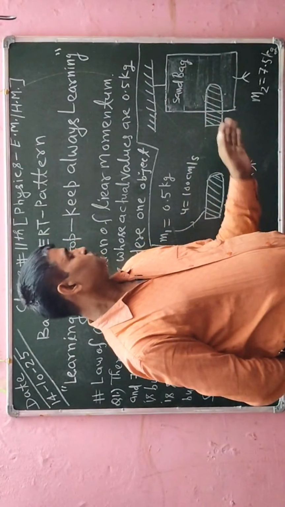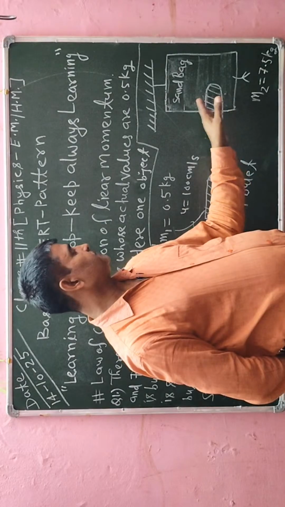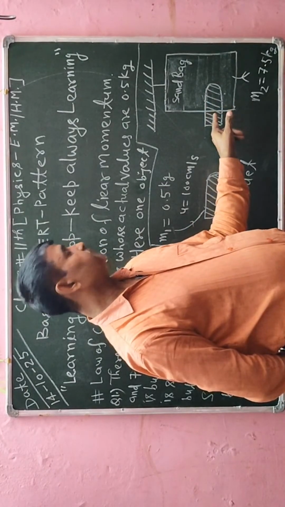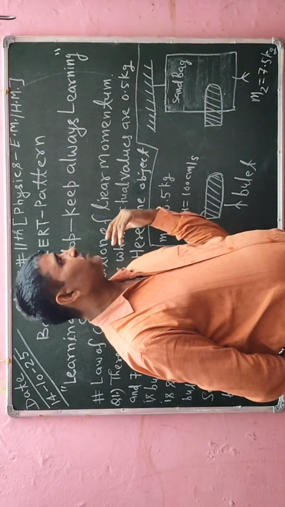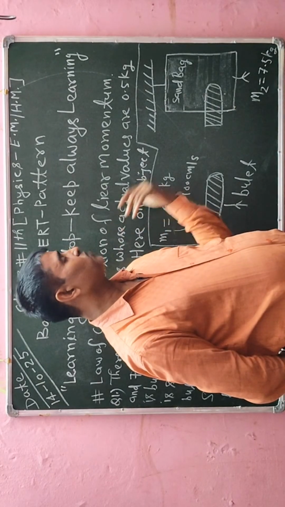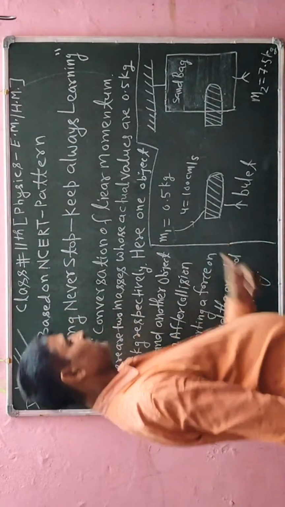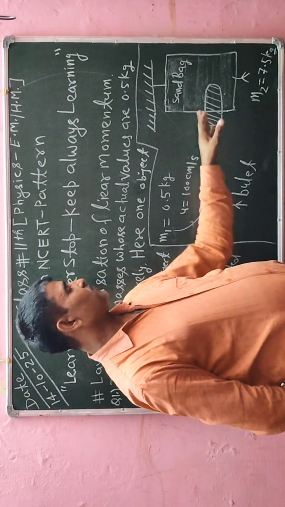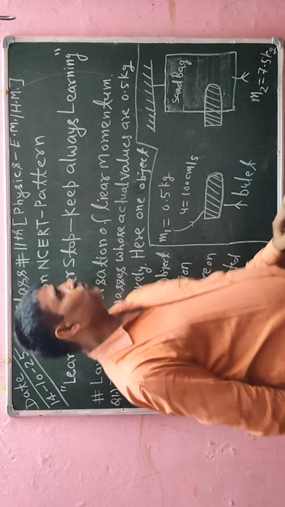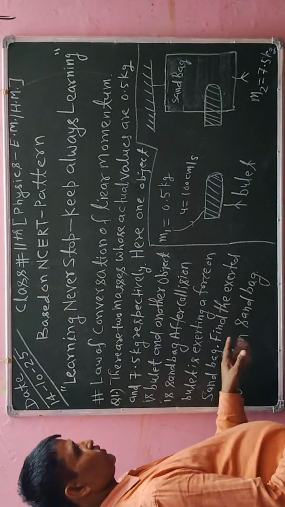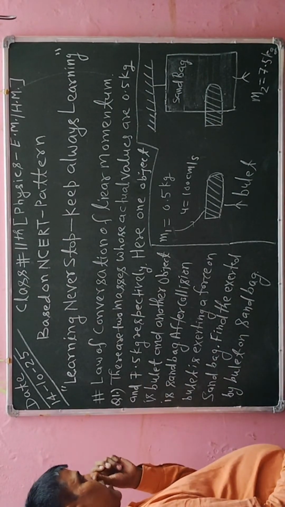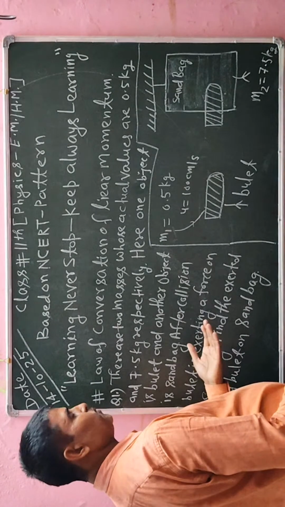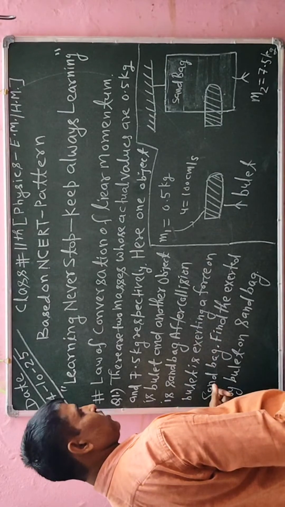So after the bullet inserts into the bag, the bag and the bullet both move in the backward direction. We have to calculate the velocity obtained by the sandbag together with the bullet, and also find the velocity of the sandbag which is moving in the opposite direction of the bullet.